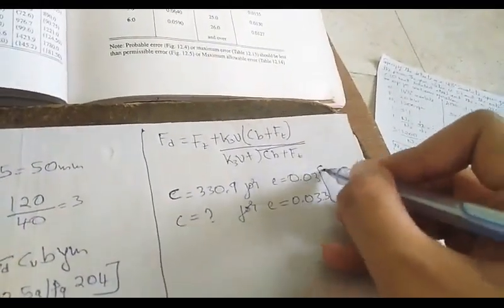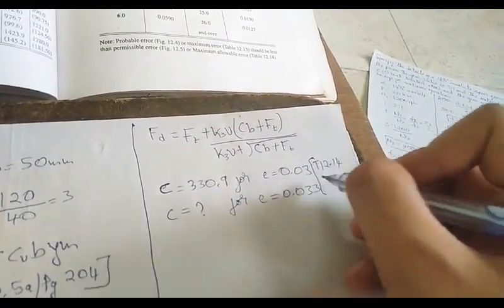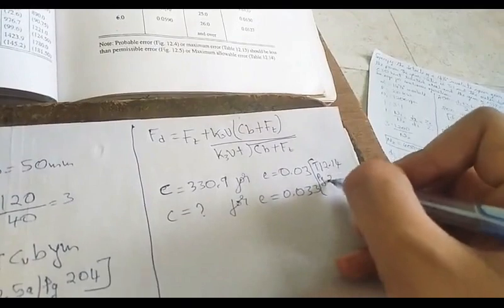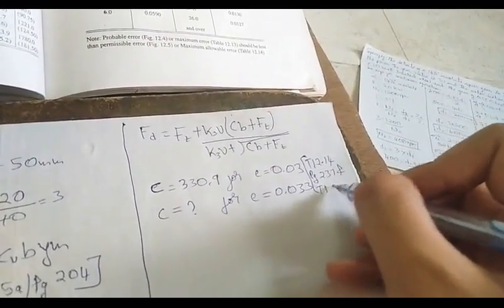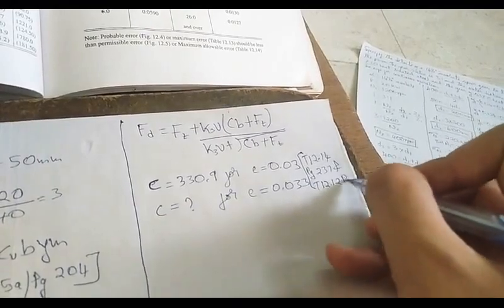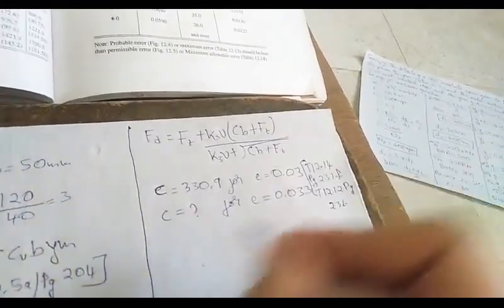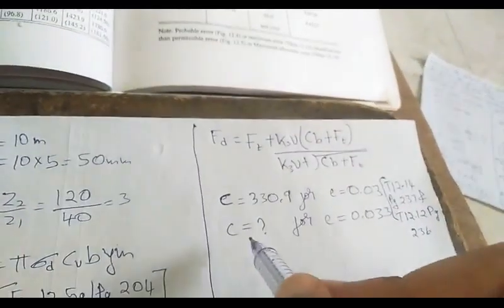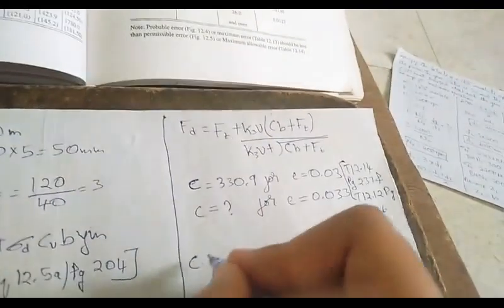This is from table 12.14, page number 237, and table 12.12, page number 236. So finding C for 0.033 is very easy, just cross multiplication.